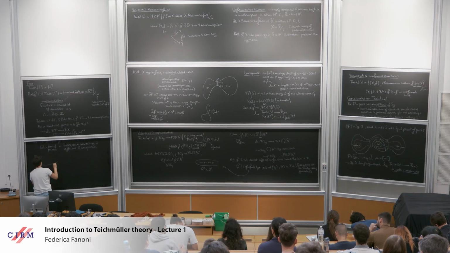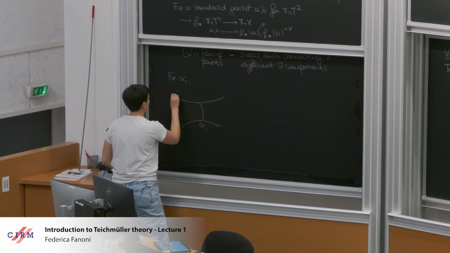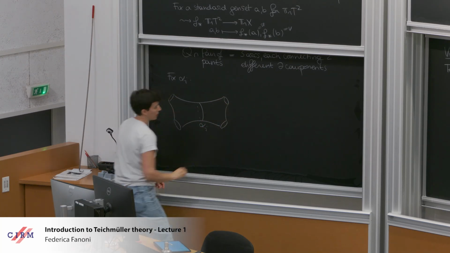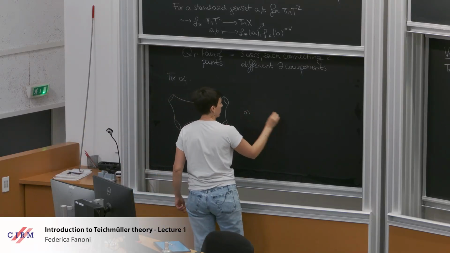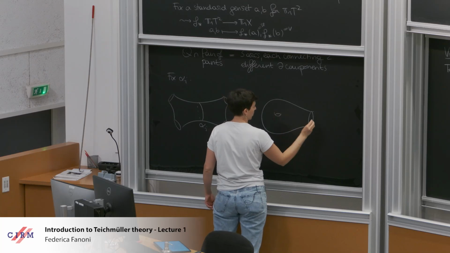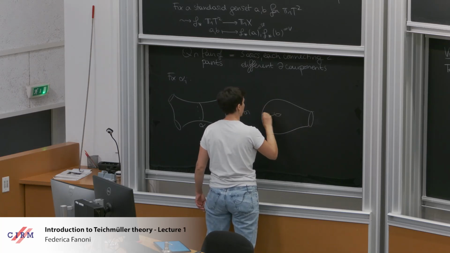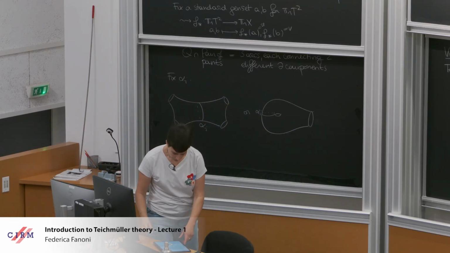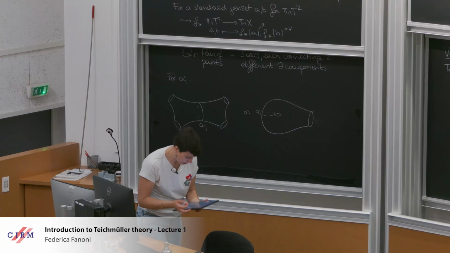So either I have locally the situation, I can look at it this way. I have alpha i, and then I can have 2 pairs of pants. Maybe some of these are glued to each other. Or I have this one. And now what can I do?